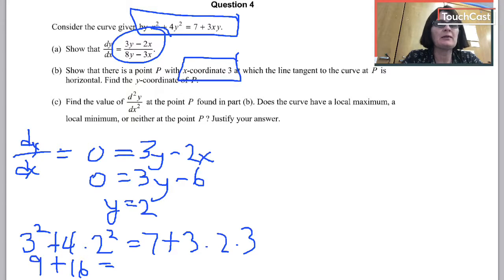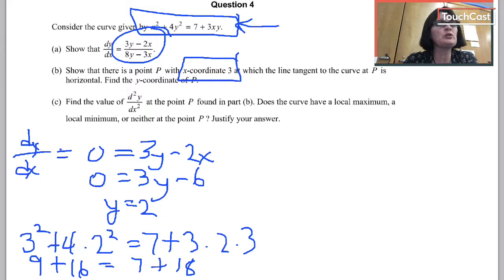So I'm looking at this equation, and I'm using 3 for x and 2 for y, and I'm just confirming I make a true statement. So on the left-hand side, 9 plus 16 equals, on the right-hand side, 7 plus 3 times 2 is 6 times 3 is 18. And that is a true statement.